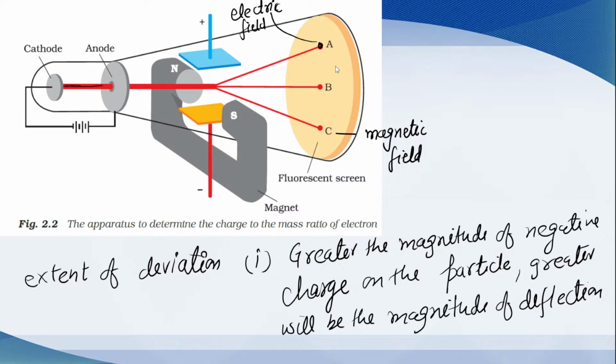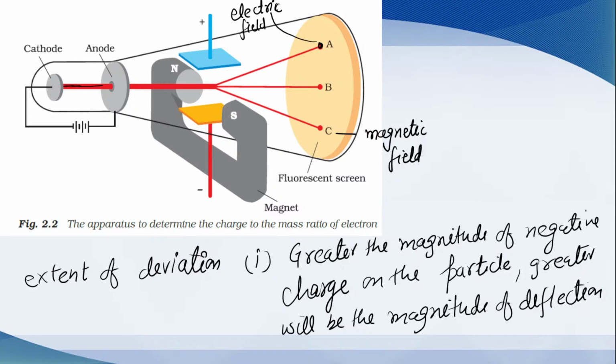And when both the fields are on, if the electric field is dominating, then it strikes between A and B. If the magnetic field is dominating, then it will strike between B and C. And if both the fields are adjusted in such a way that they cancel each other's deflection, then they will strike at B, and the path of the electron beam remains undeflected.